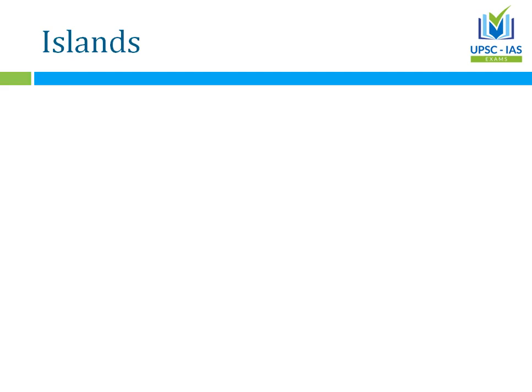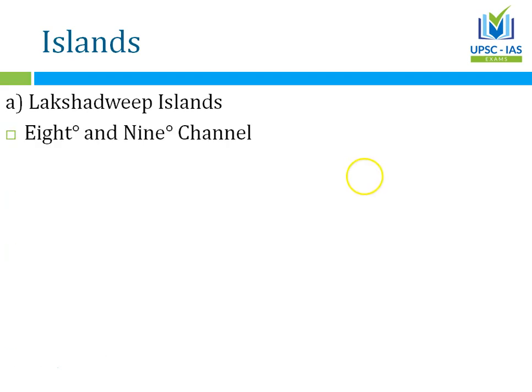That is, Lakshadweep is quite near to the state of Kerala, and Andaman and Nicobar is located in the Bay of Bengal.